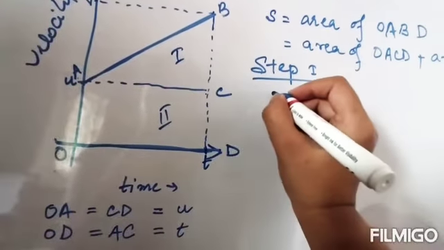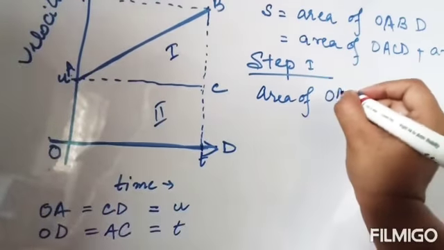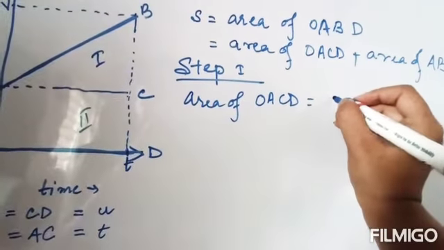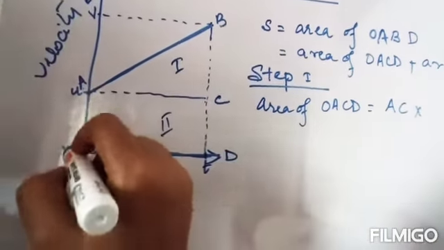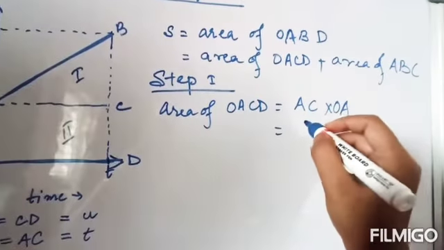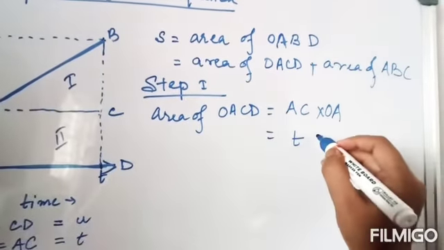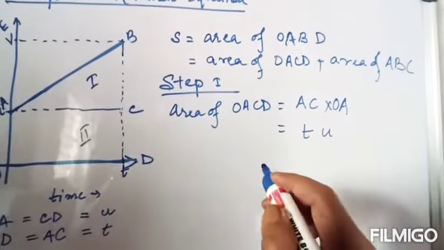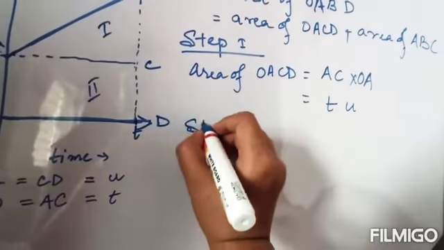The area of OACD is AC into the breadth, which is OA. AC is T, and OA is U, so we can say it is UT. The area of the rectangle is UT. And what is the area of the triangle?